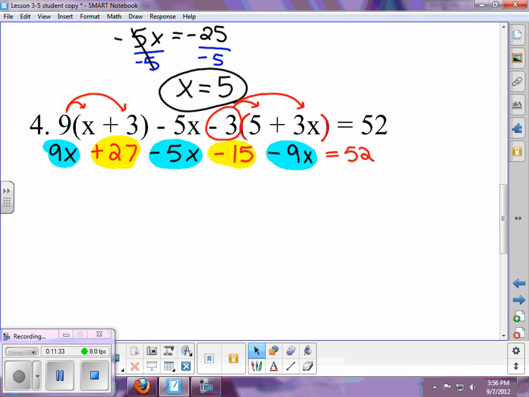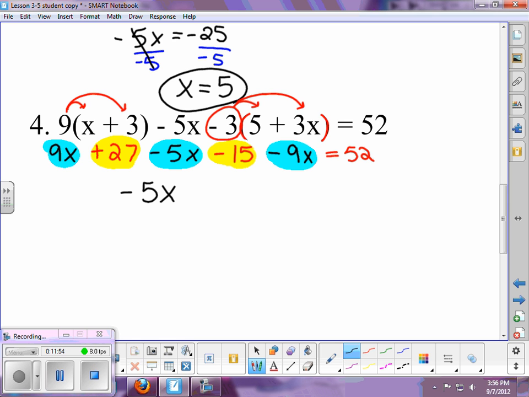So, let's take those teal things, the like terms with the variable, the x's, 9x minus 5x minus 9x. That would end up giving us negative 5x. 9 minus 5 minus 9 is negative 5.